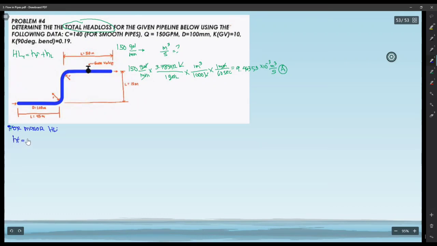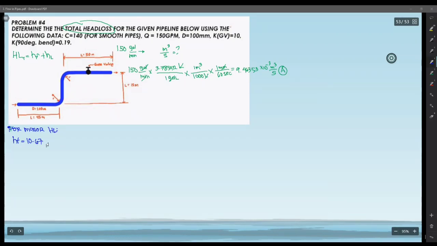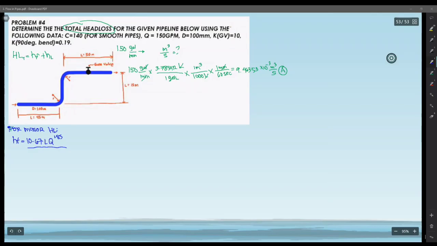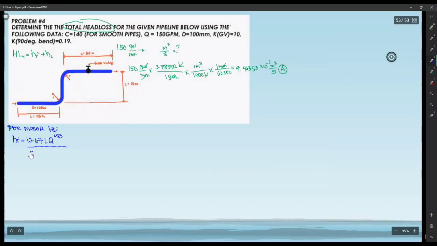H sub F is equal to 10.67 times L, the length of the pipe, multiplied by the flow rate raised to 1.85, all over C, the Hazen-Williams coefficient, raised to 1.85 times D raised to 4.87. So that's direct substitution.